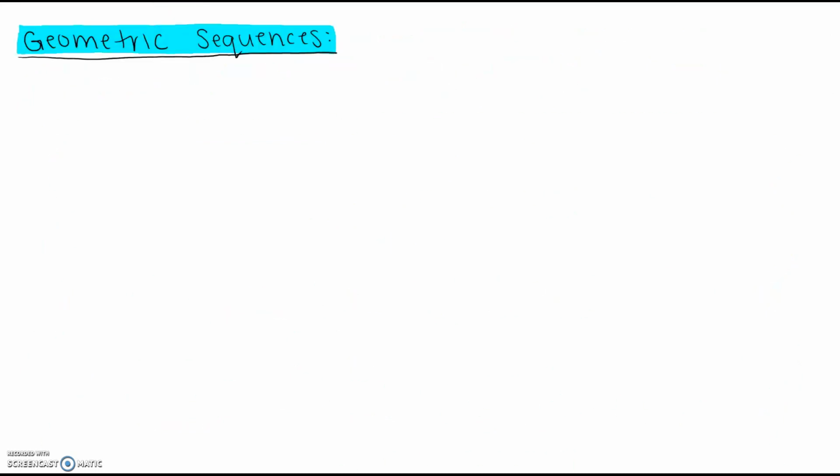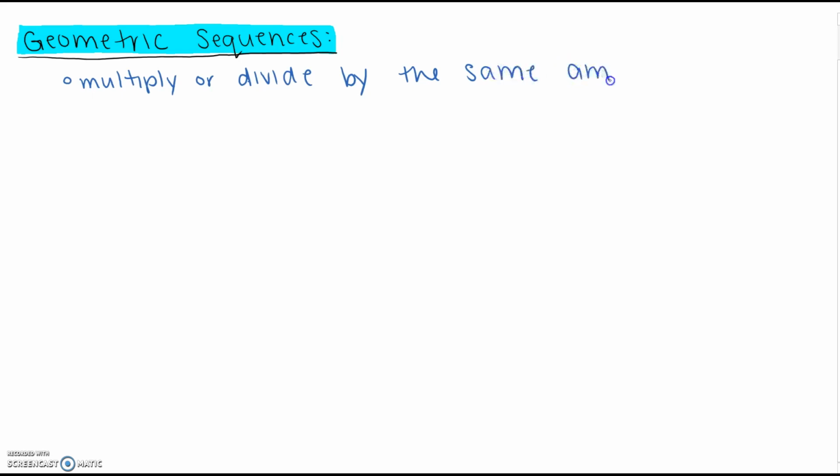Geometric is different. Geometric sequences multiply or divide by the same amount between terms.